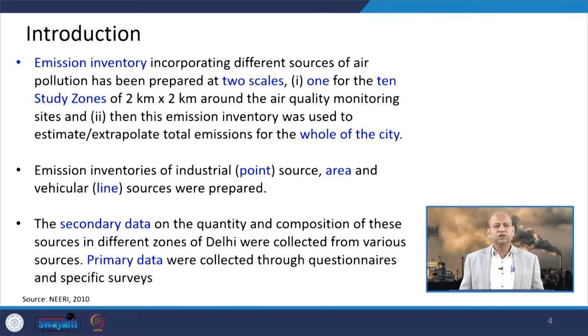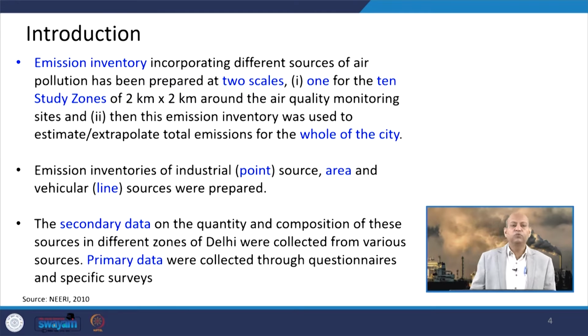So, this particular emission inventory has 10 zones and it has two kinds of distinct scales: one for the 10 study zones of 2 kilometer by 2 kilometer around the air quality monitoring sites which are already functioning, and then the emission inventory developed for these 10 zones was extrapolated, and total emissions for the whole city of Delhi have been estimated. So, two parts are there basically.